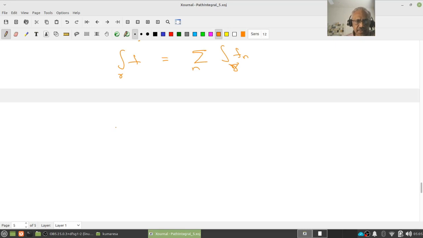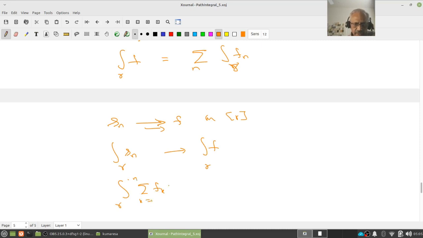Let us look at Sn. It converges to f uniformly on gamma. Remember, gamma is continuous. Therefore, what do I know? The integral of Sn over gamma converges to the integral of f over gamma. But what is the integral of Sn? This is a finite sum of fk, k equal to 1 to n.